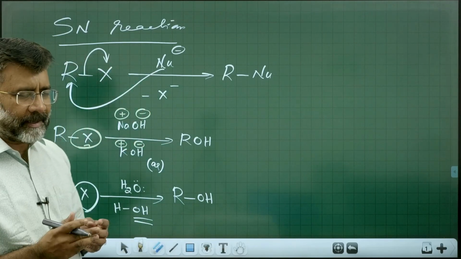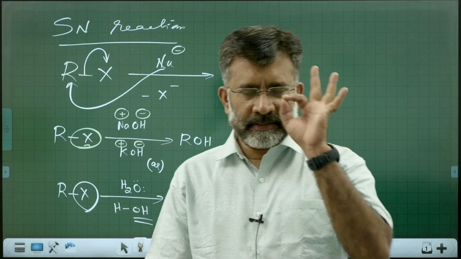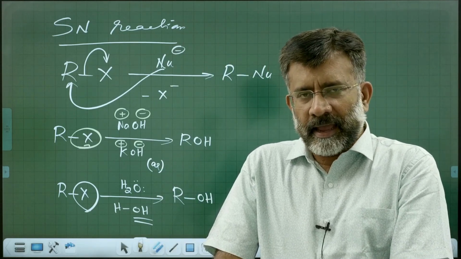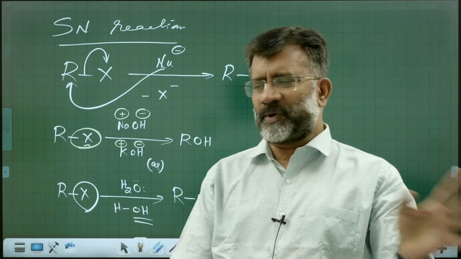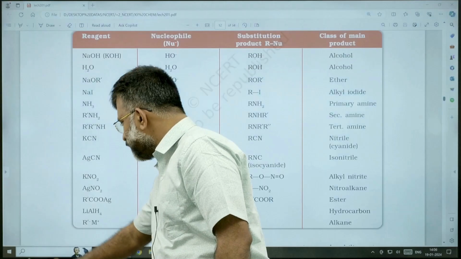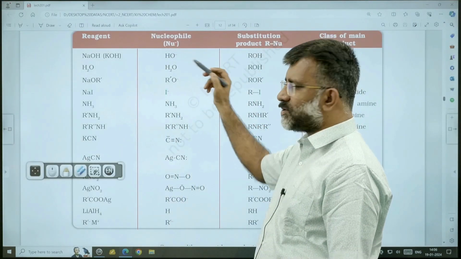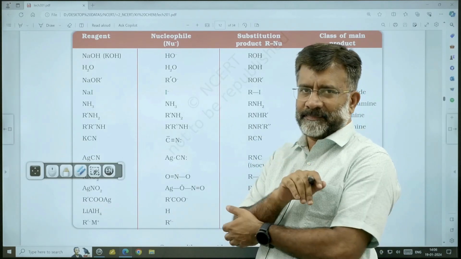Again the result is the same, you get alcohol. So reaction number one is with NaOH or KOH in aqueous condition, and reaction number two is simple solvolysis. In the first one, OH minus acts as the nucleophile; in the second one, H2O itself acts as the nucleophile. The result is the same.